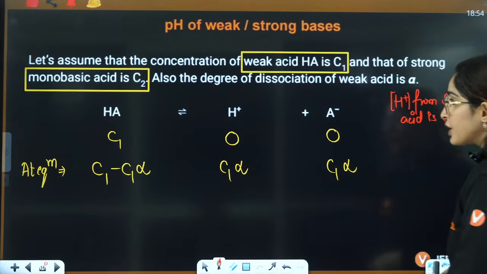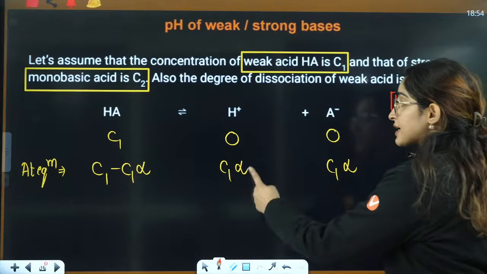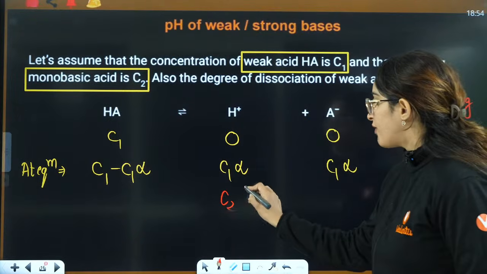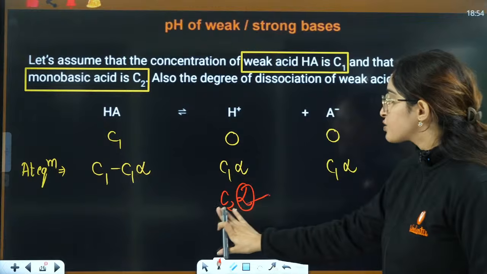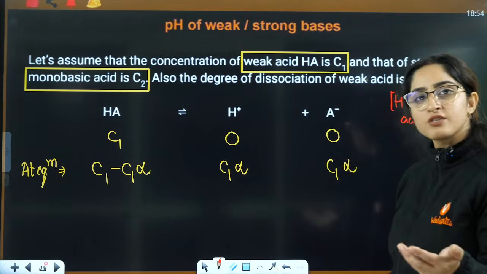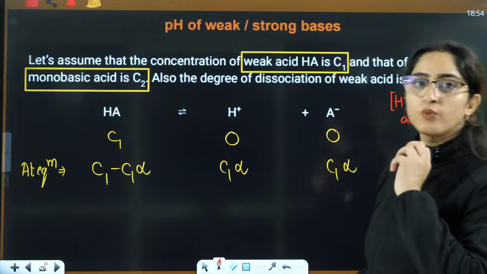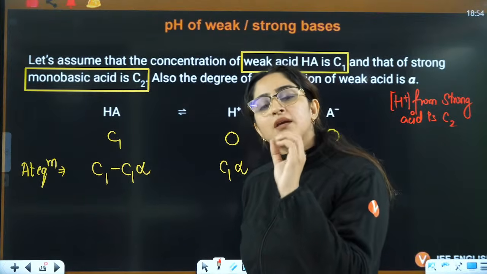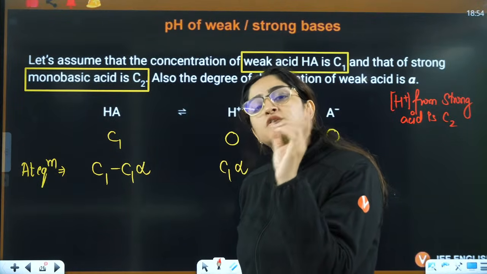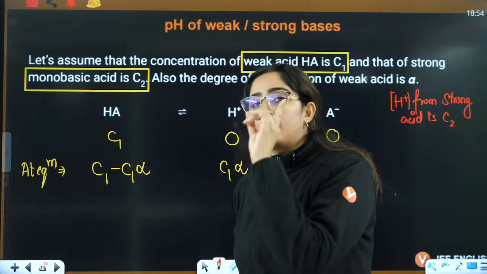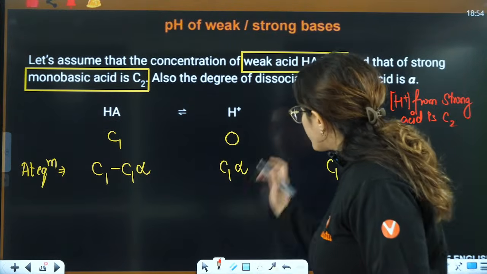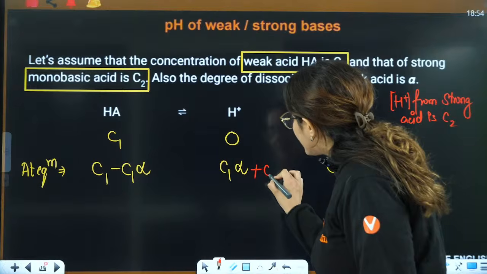Why is it C2? If here it is C1 alpha, there it should be C2 alpha. But alpha is 1 there, because for 100% dissociation all of the acid is converted to H positive. That means the concentration of H positive from the strong acid is C2, so you add C2 here.